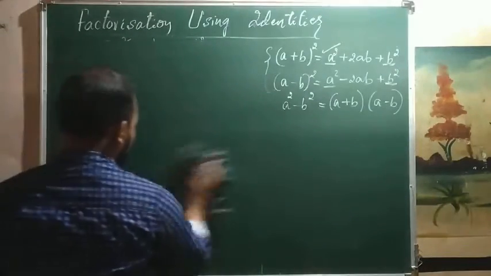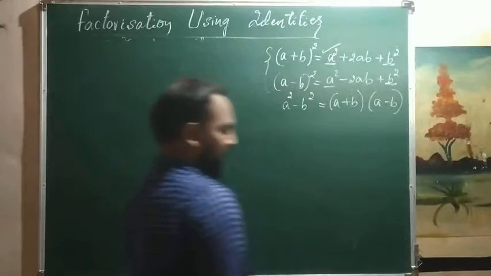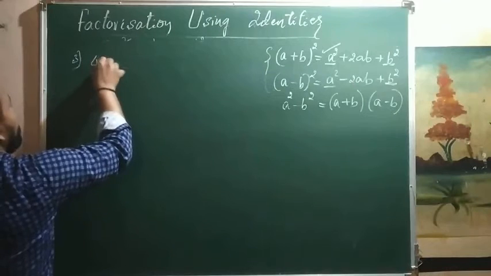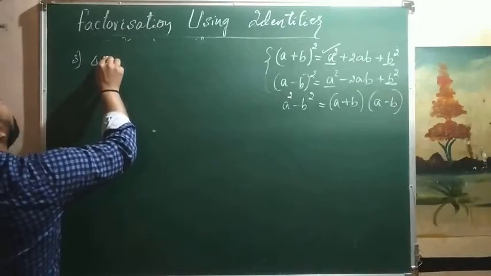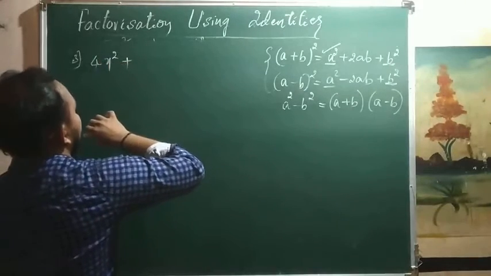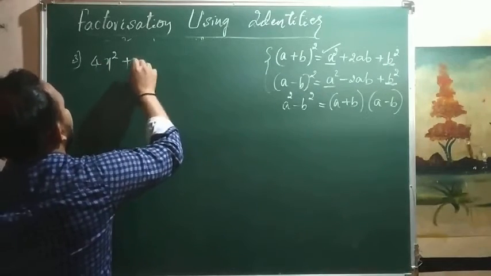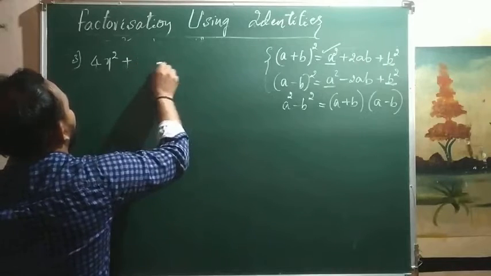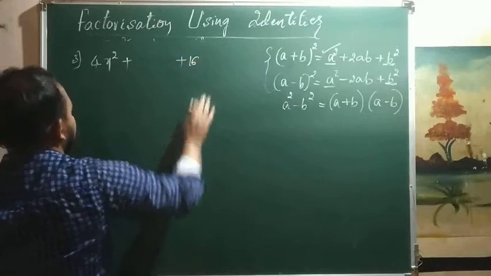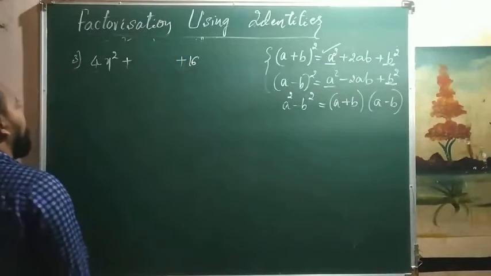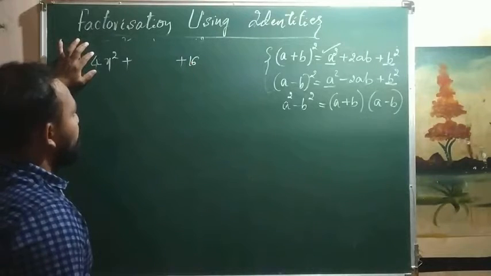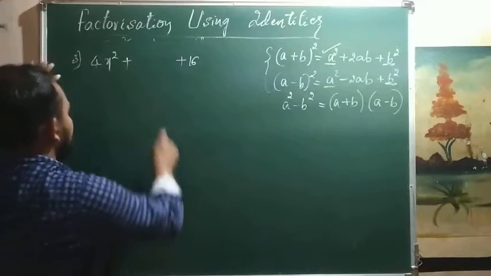Take one more example. Here the third one, 4x square plus 16x plus 16. 4x square is 2x, 4 into 4 is 16.